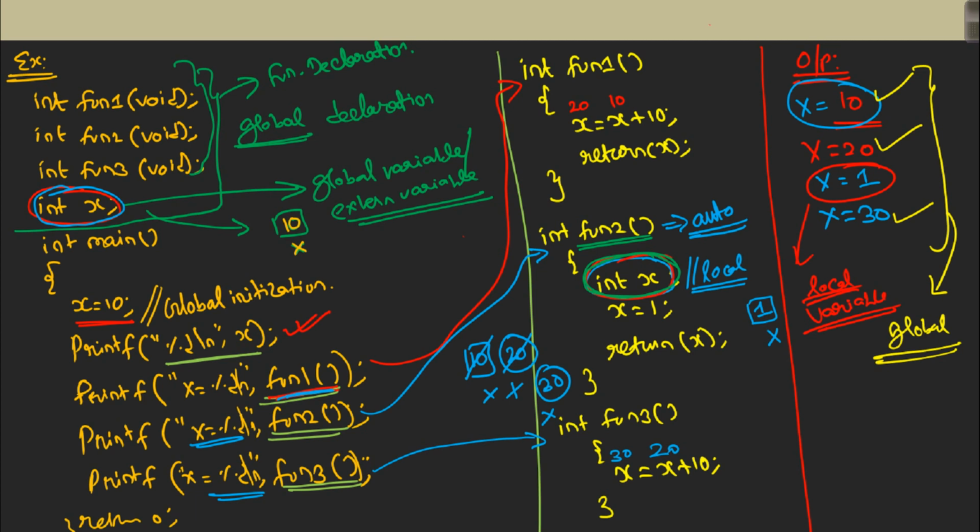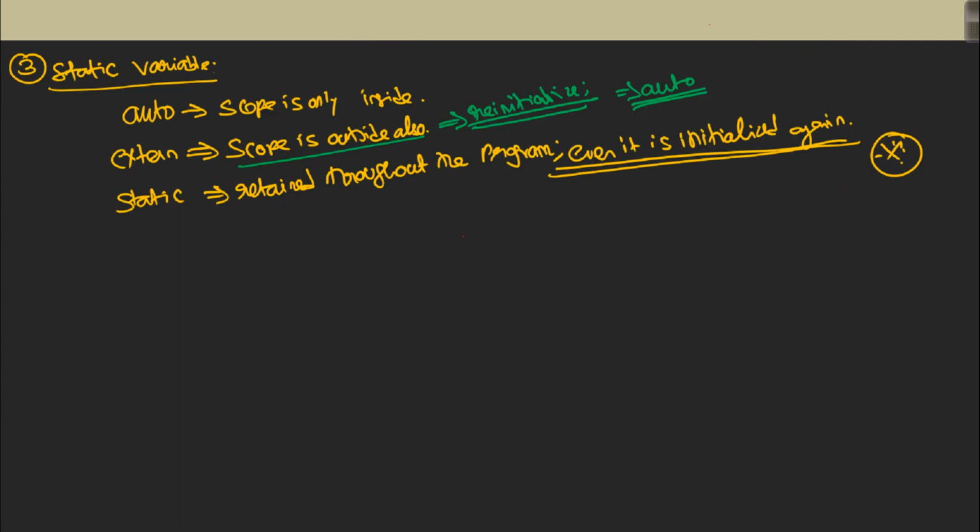Then one box will be created and x value will become 1 here. This is the problem with respect to global variable. But even though I am using it like this, the value should not change. If that is the condition, even I will use int x again and again wherever I am using. But the value should not change. Then you have to go for static. The value is retained throughout the program, even if it is reinitialized again.